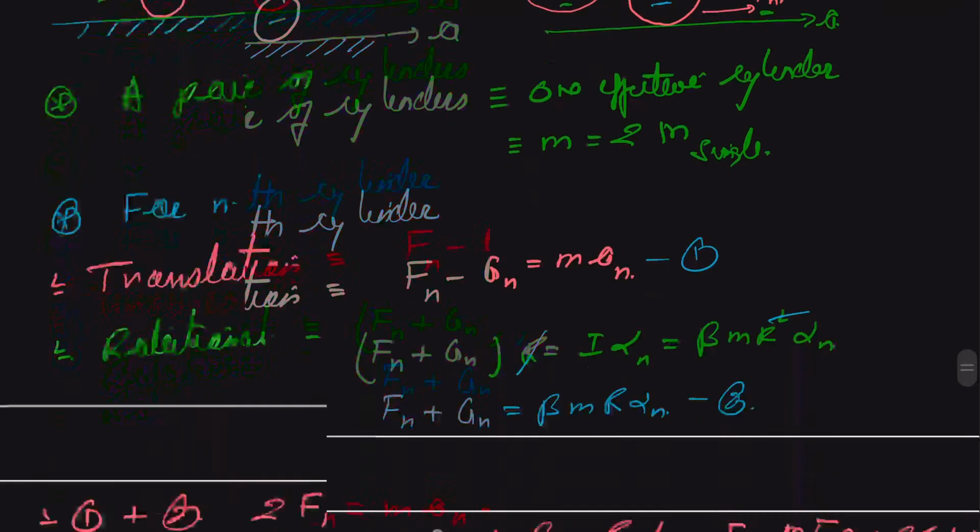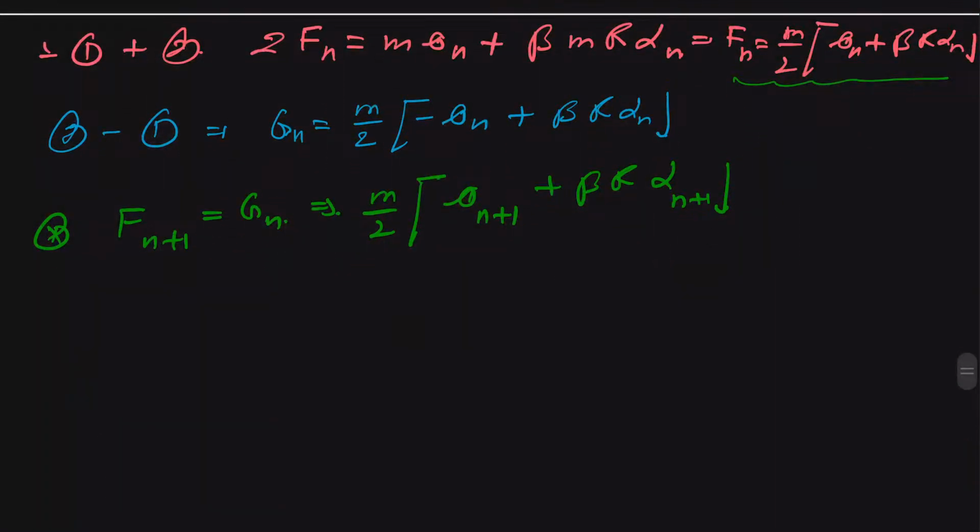Okay. So we can just replicate it, and this will be equal to G of n, which gives us m by 2 times minus a of n plus beta r alpha of n.